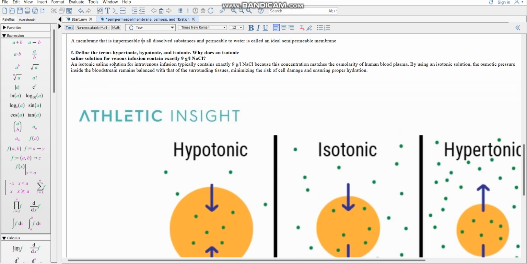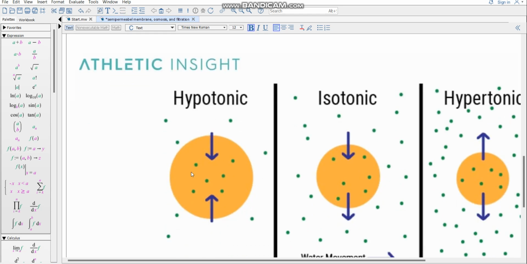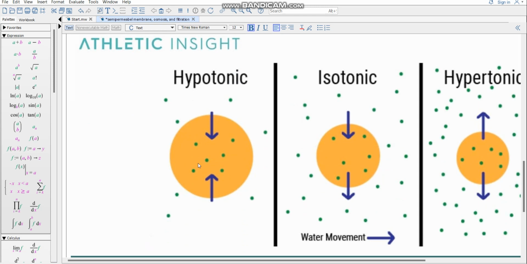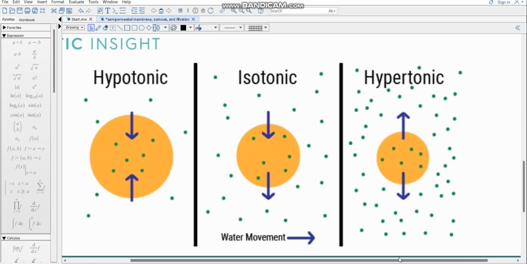Now, to define the terms hypertonic, hypotonic, and isotonic, I want you to understand that hypertonic, so here to the right, is a solution with a higher concentration of solute compared to another solution. So when a cell is placed in a hypertonic solution, water will move out of this cell, causing it to shrink or shrivel due to osmosis.